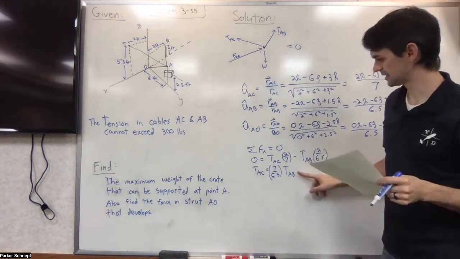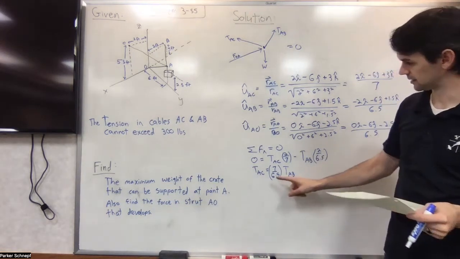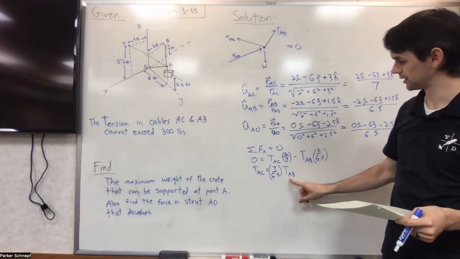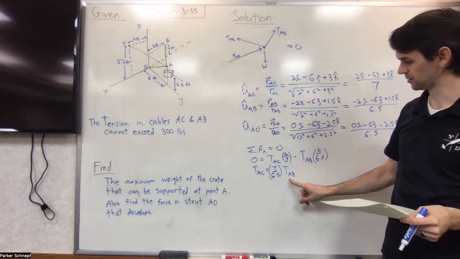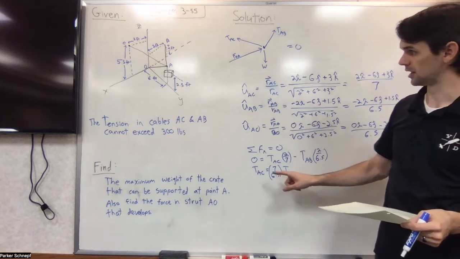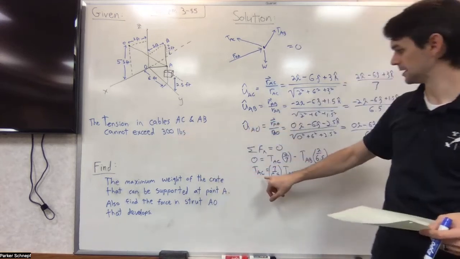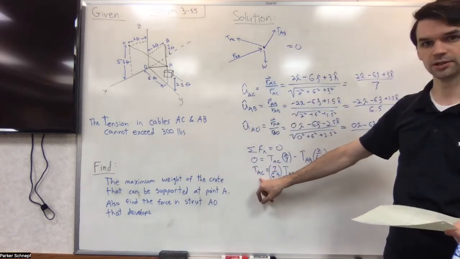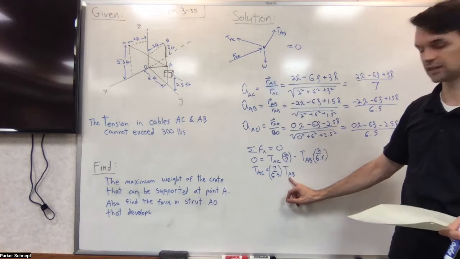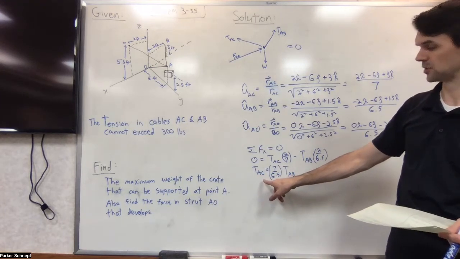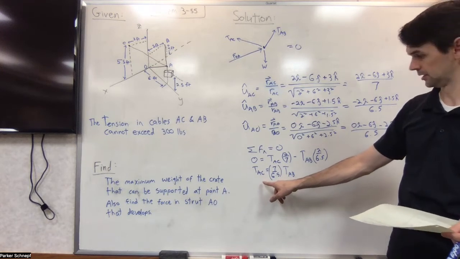Looking at this, I can say that TAC is always going to be larger than TAB. Now that's important because that tells me if the maximum that either of those can support is 300, I know that TAC will hit 300 pounds before TAB hits 300 pounds, right? There's a fixed relationship between them based on the geometry.